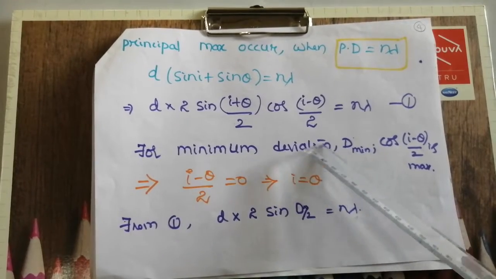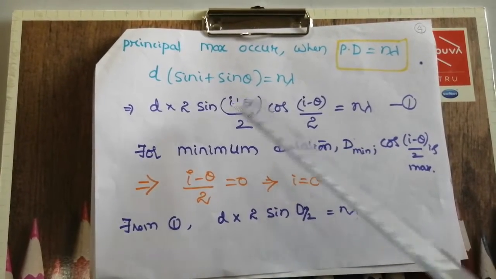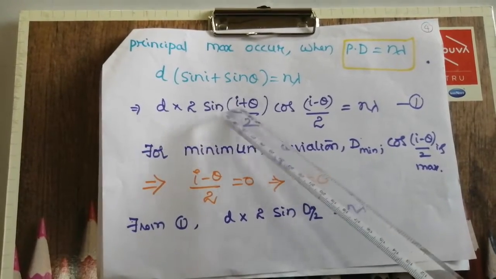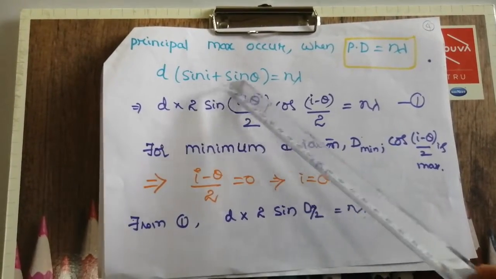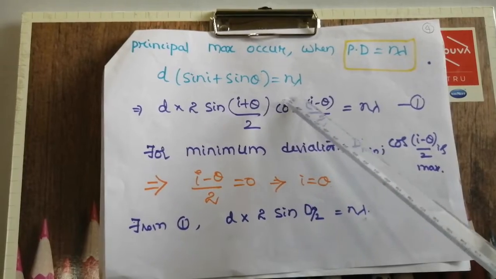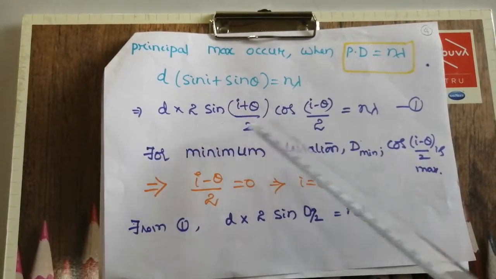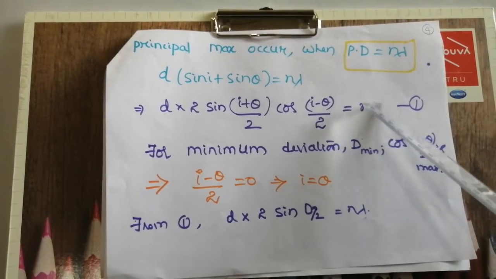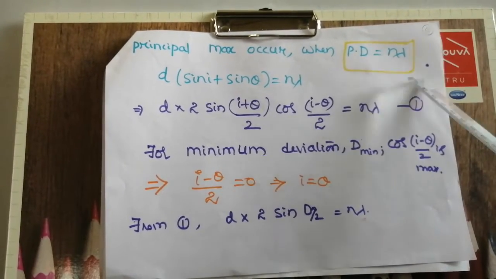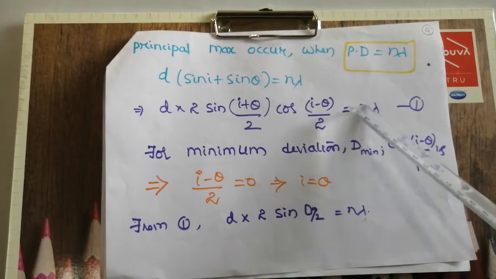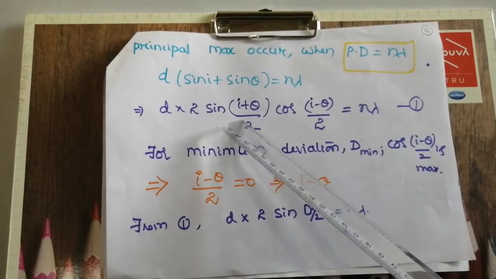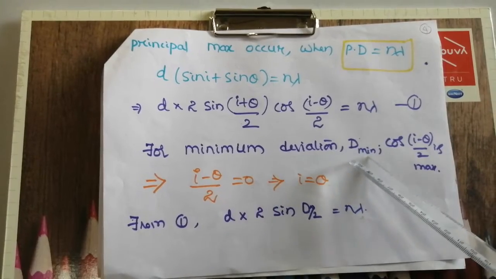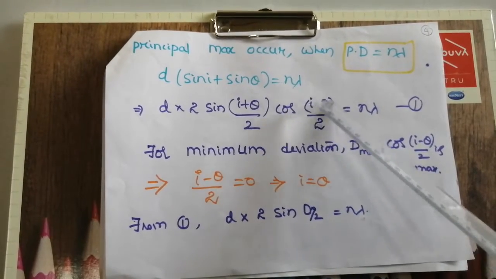For minimum deviation, when the angle is small, the sine is small, so this term will be minimum, and then this term should be maximum. Why? Because the product of these two terms is always constant, n lambda. Lambda is fixed, and the order of the principal maximum is fixed. So if one is minimum, the other should be maximum. So for minimum deviation, the cosine term should be maximum.